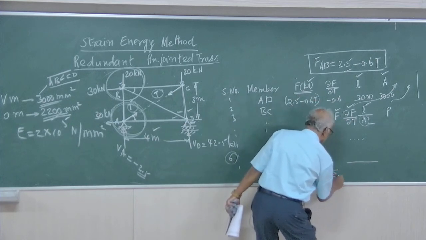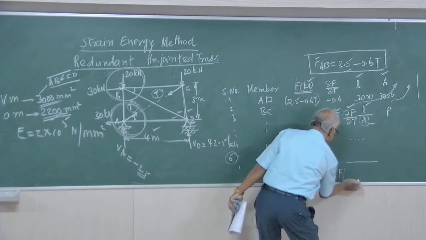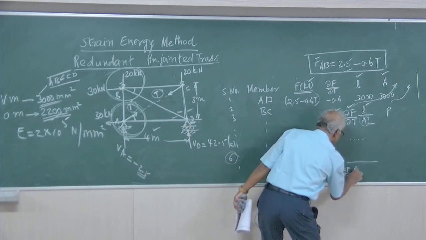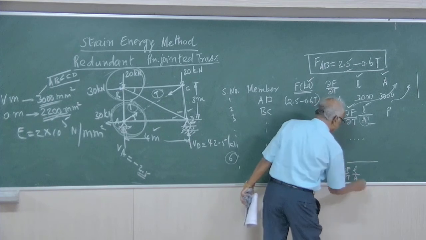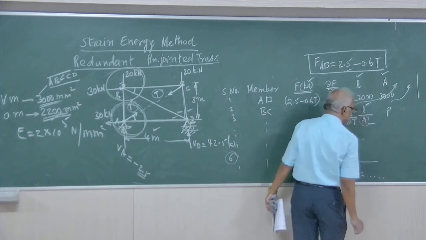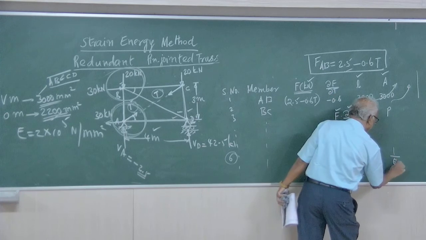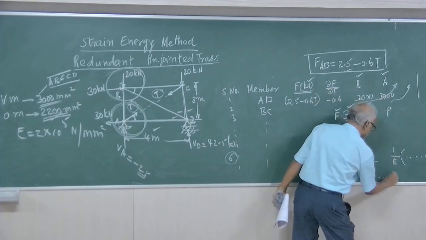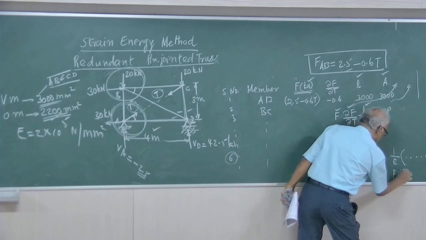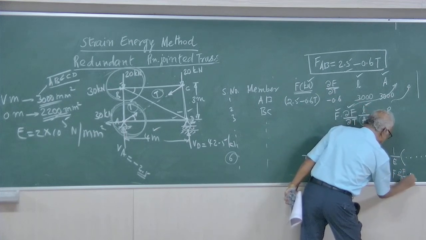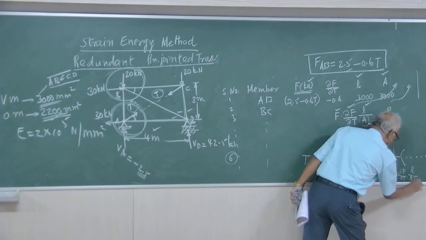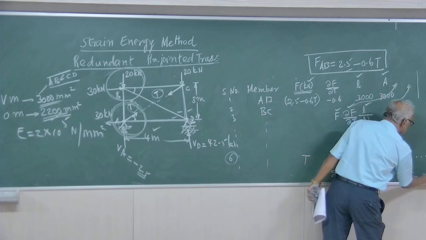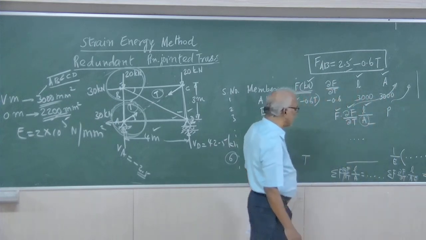So this will give you sigma F into dou F by dou T into L by A. 1 by E of this value will give you sigma F dou F by dou T L by AE. Now this value equals 0. That is our condition.